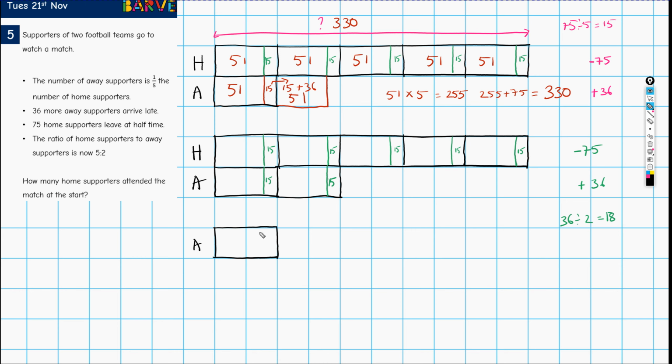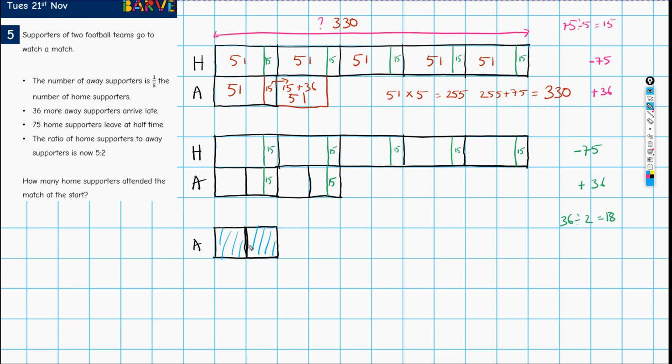Well, if we cut this in half, this is the original bar. We can capture that here. So there we go. That's one of the halves. That's the other one. So these are the away supporters that were there originally. I might just shade that in so that you can see.